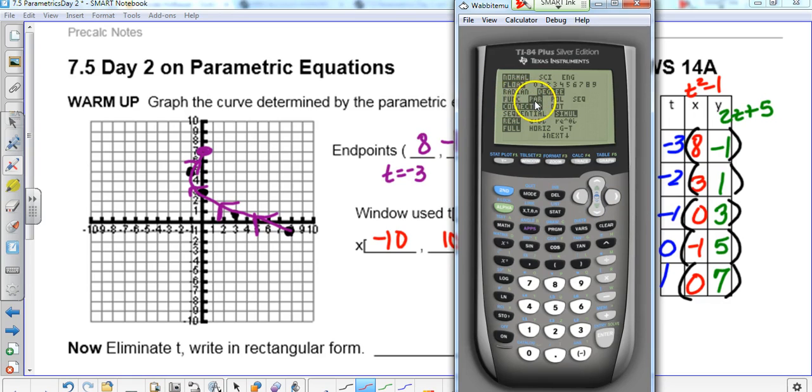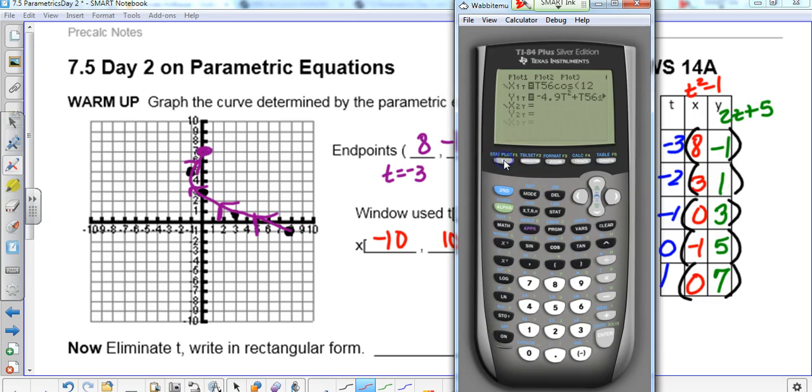We have to not be in function, but we are in parametric mode. Okay. And then we want connected and simultaneous graphing, because I'm going to show you later 2 different graphs and I want them to do it at the same time. And everything else is good. We okay? We got that set how we want it?